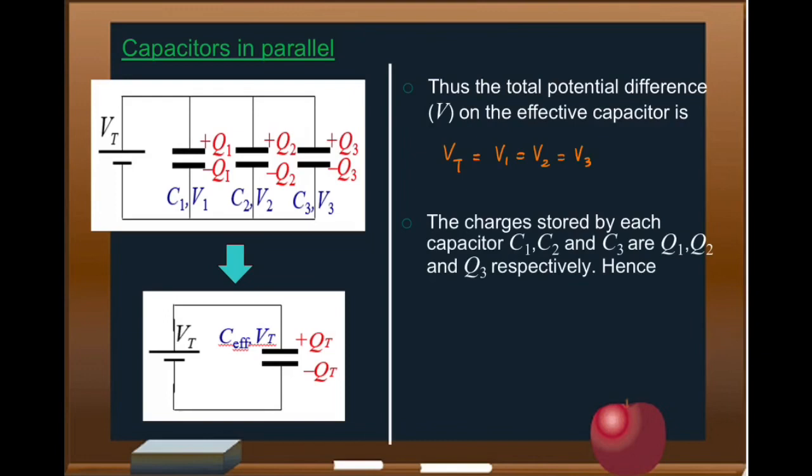Hence, we know that the formula of capacitance is C equals Q over V, in which you can rearrange this formula to get Q as the subject. So Q is equal to CV. We have Q1 equal to C1 V1, Q2 equal to C2 V2, Q3 equal to C3 V3, and finally we have the total charge Qt which is equal to Cf Vt.